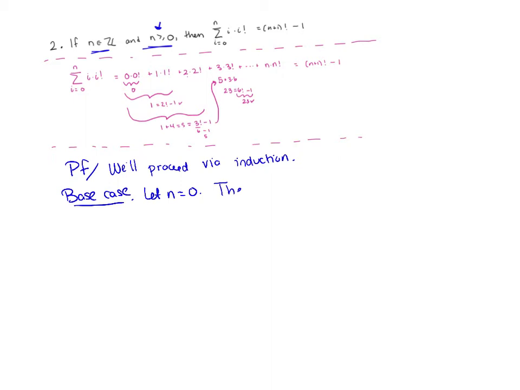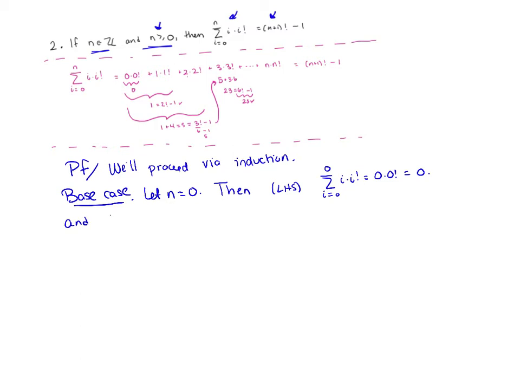Then here I'm trying to show two things are equal. So remember, we can't just write down that they're equal. We have to actually look at those two sides separately and then compare them to each other. So then we can say the left-hand side, the sum from i equals 0 to 0 of i times i factorial is equal to 0 times 0 factorial is equal to 0.